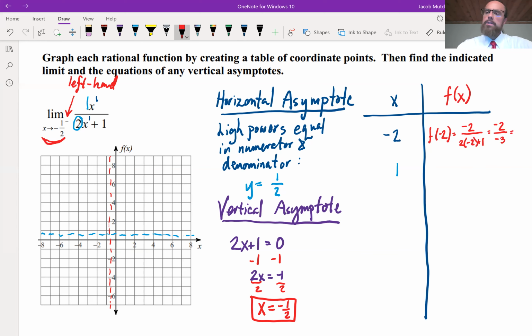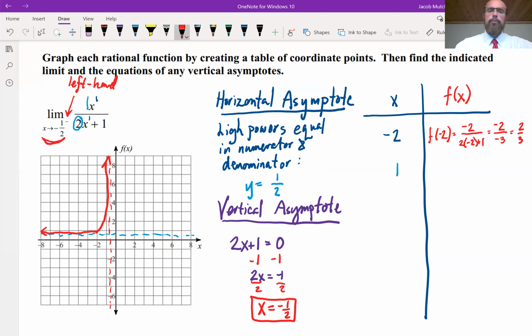So that's +2/3. So I'm going to go ahead and plot that point. That's -2, +2/3. So the horizontal asymptote's at half, so this is above it. So what I can assume is that the left-hand branch is above the horizontal asymptote.